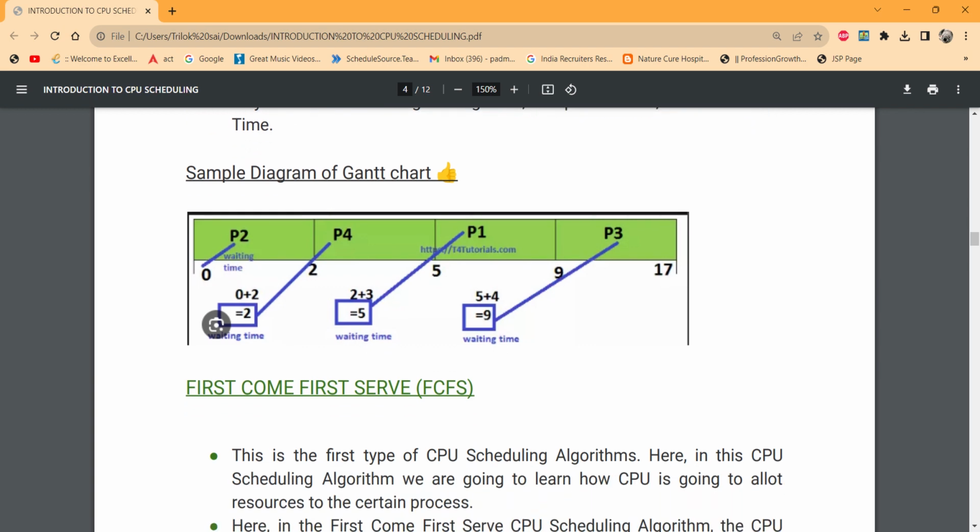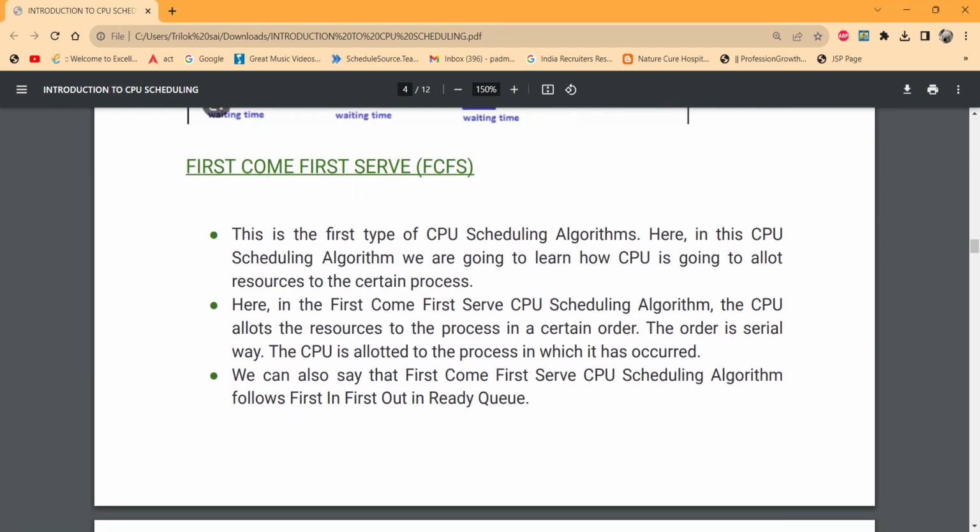Now, coming to the first algorithm, my dear friends, the first come, first serve algorithm, FCFS. It is a very important CPU scheduling algorithm, the first type of CPU scheduling algorithm. Here we are going to learn how a CPU allots resources to certain processes. As the name suggests, it works on a first come first serve basis.